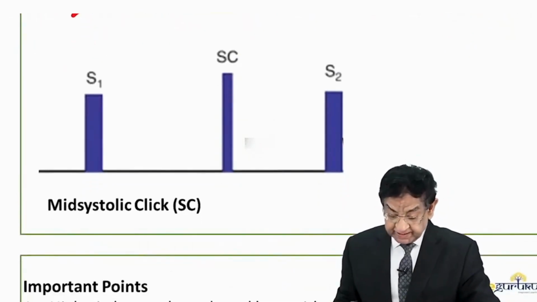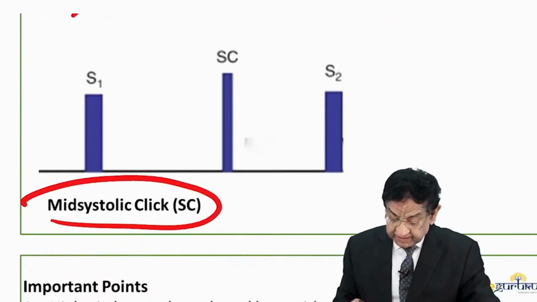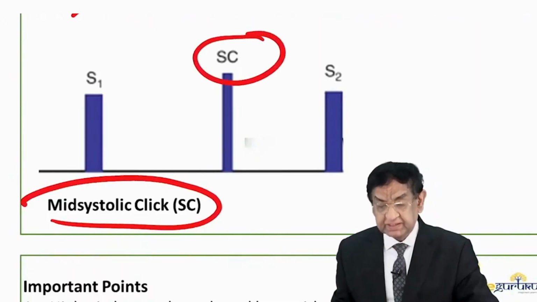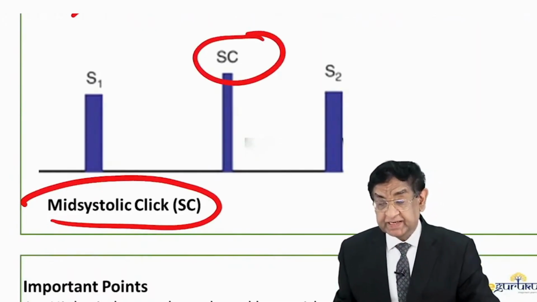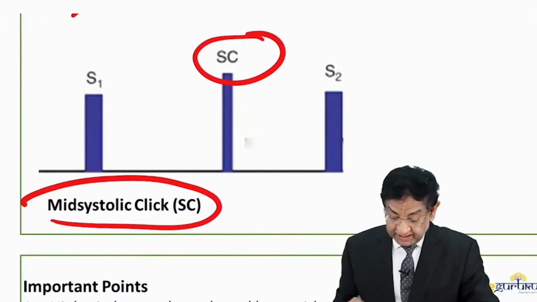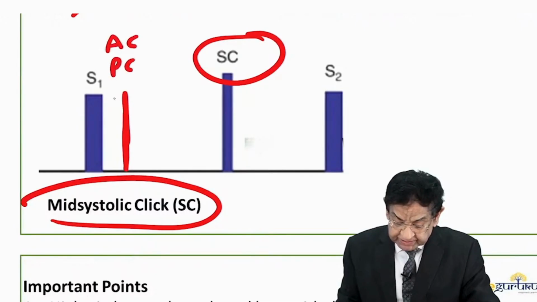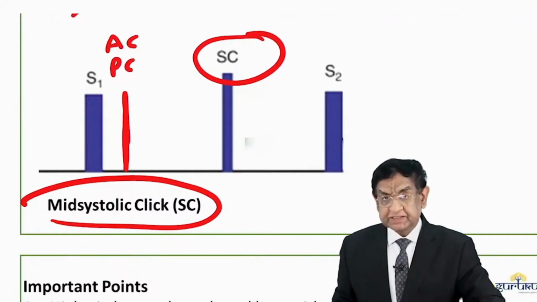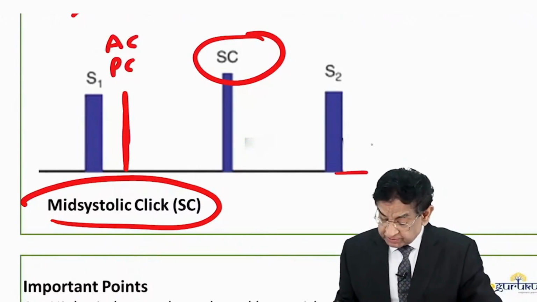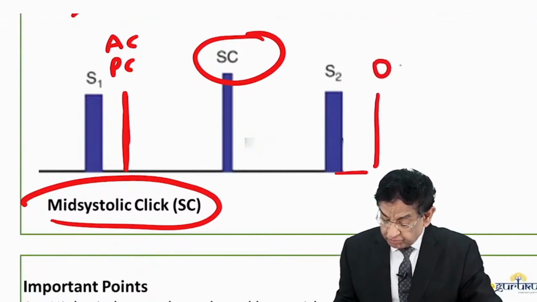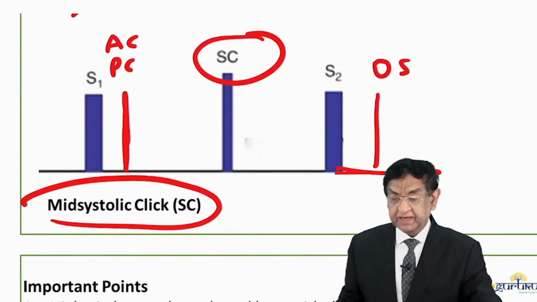So we are getting S1, S2 and a mid-systolic click. Mid-systolic click is what we see in mitral valve prolapse. And just to inform you, aortic and pulmonary clicks we see in early systole, and the opening snap we get in early diastole.